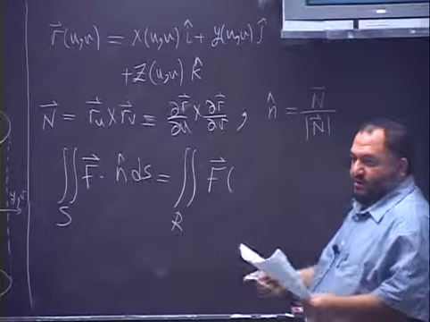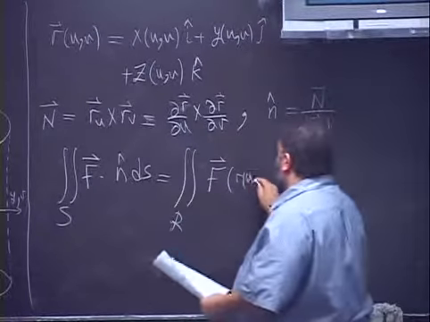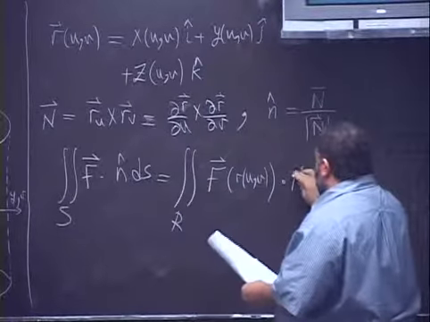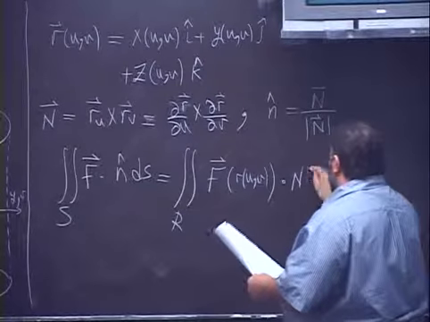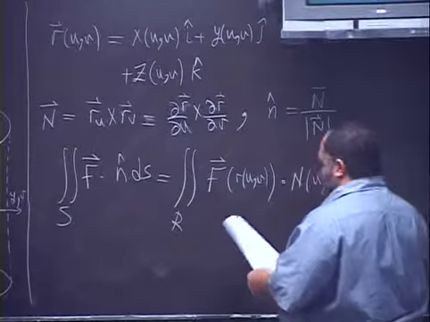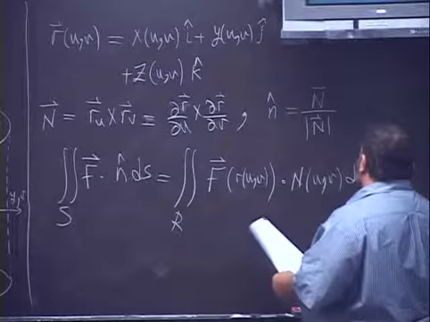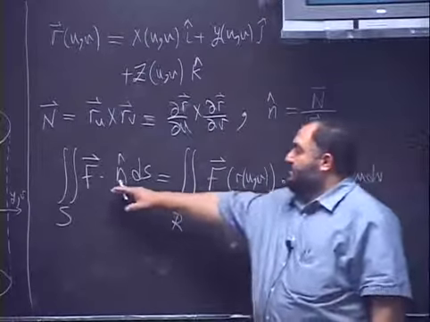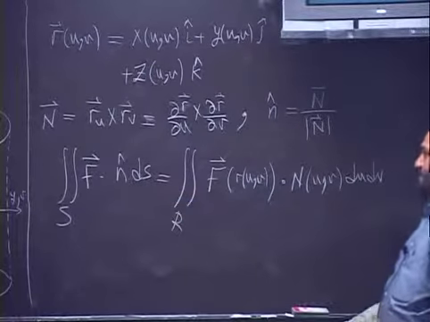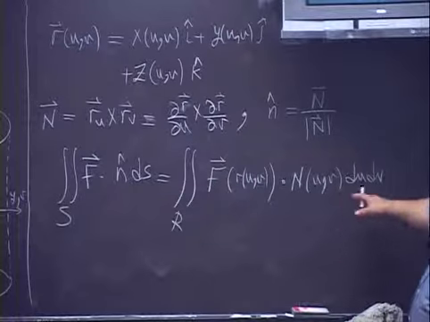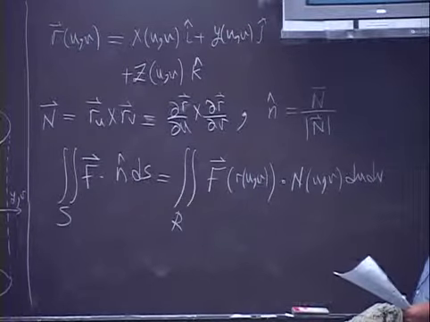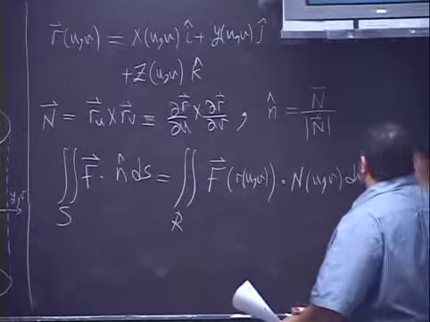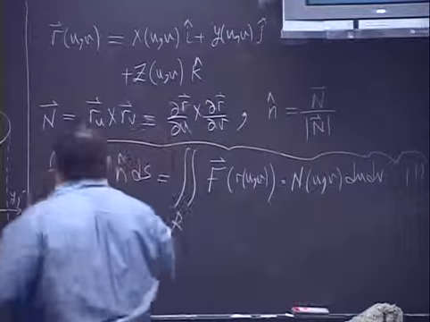Function of r, f of r, and r is a function of u and v, dotted with n as a function of u and v, du dv. So you just transform this surface integration over a surface in 3D to a double integration over a region on a plane. So let's call it equation 1.